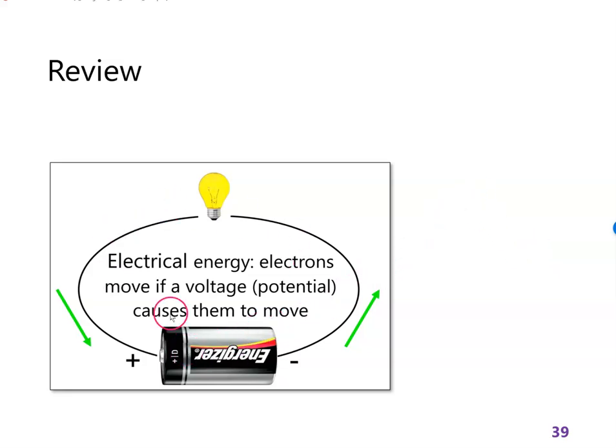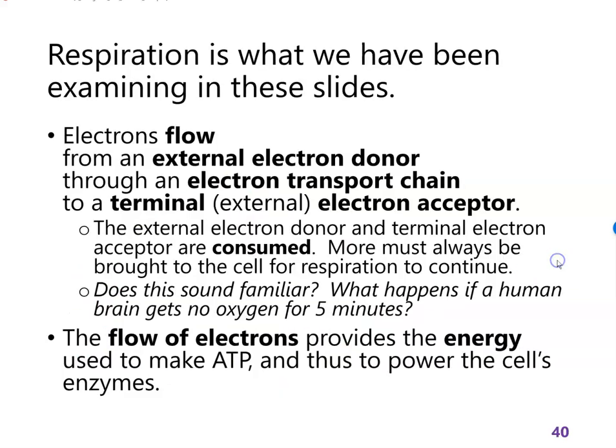For review, in our electricity, you have an electron donating reaction here, an electron accepting reaction here, and if you can connect them with a wire, electrons will flow, and that's a form of energy, right? Respiration is using that. It's using an electron transport chain to make a proton gradient that ultimately makes ATP.